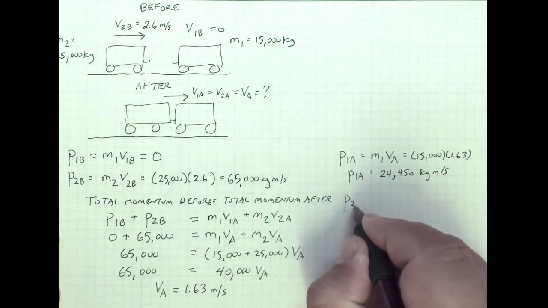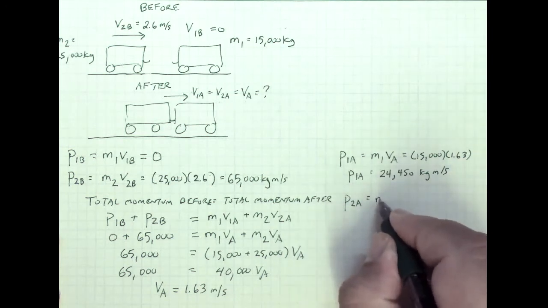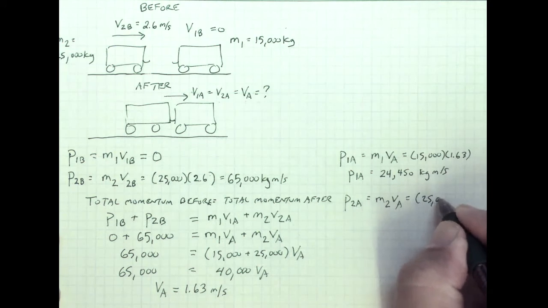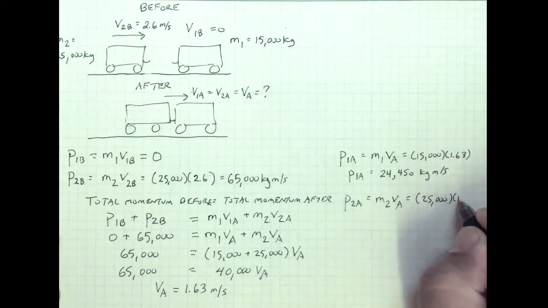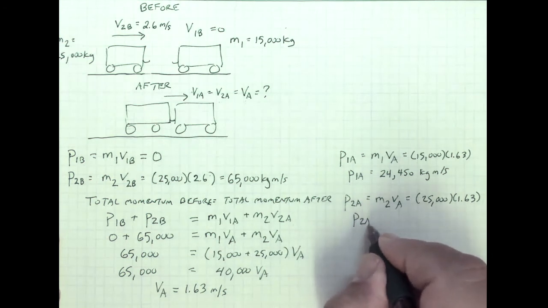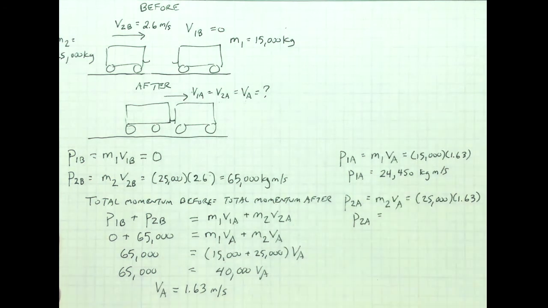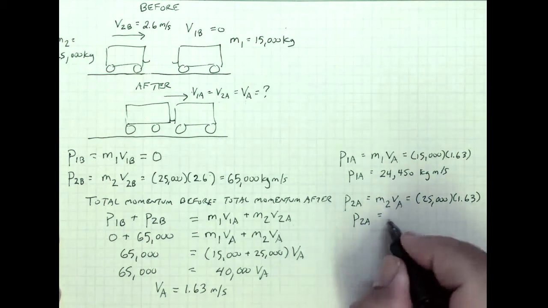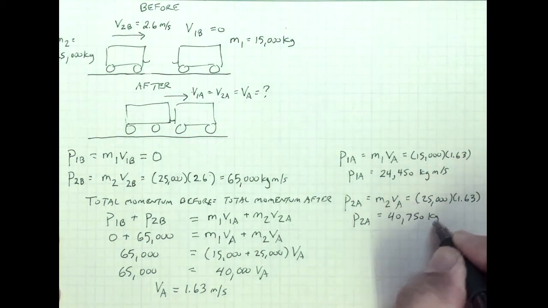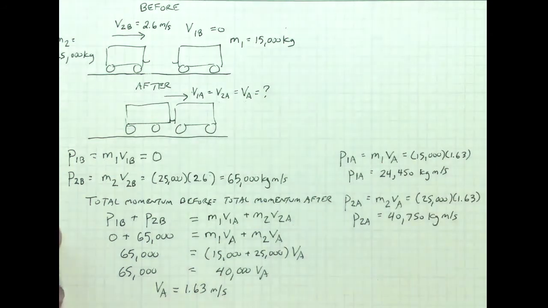We calculate the momentum of car 2 after the collision. Well, that's M2 times the common velocity, 25,000 times 1.63, and that gives us an after momentum for car 2 of 40,750 kilogram meters per second.